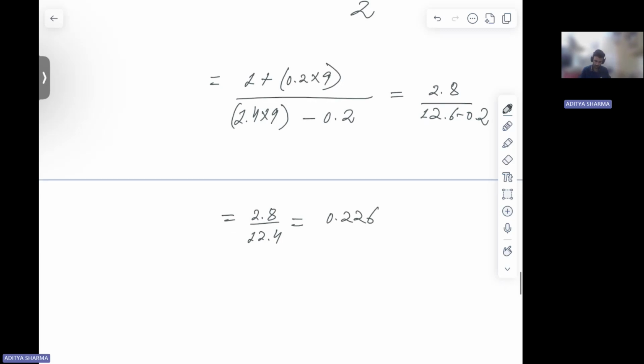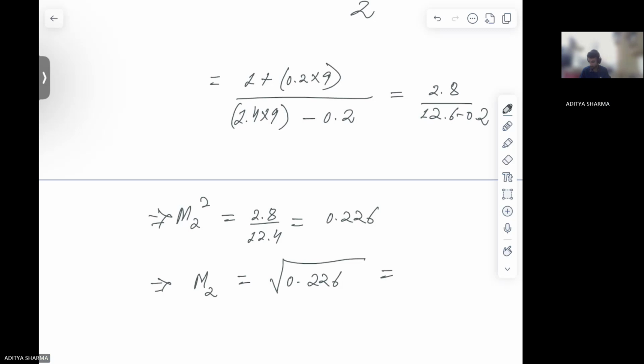So this is your M2 square. Now if you take square root of this, it will come out to be 0.475, right?